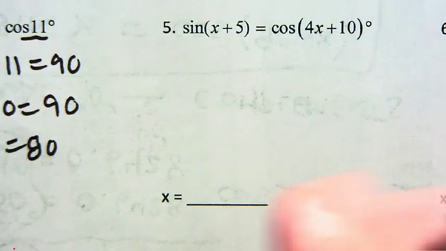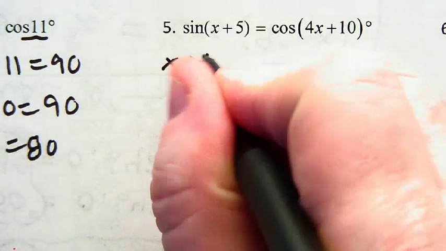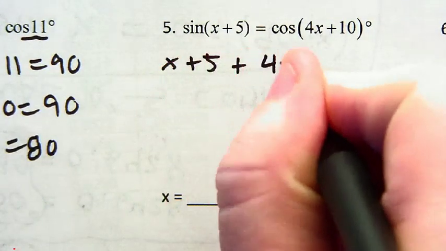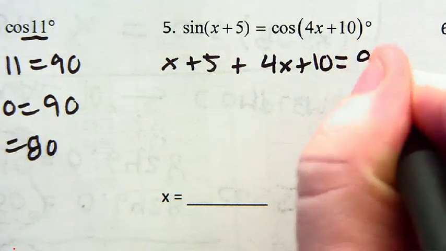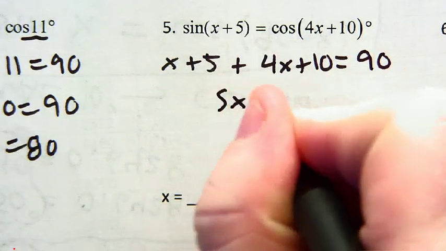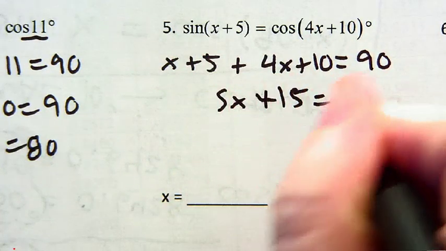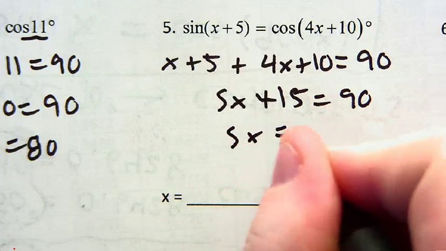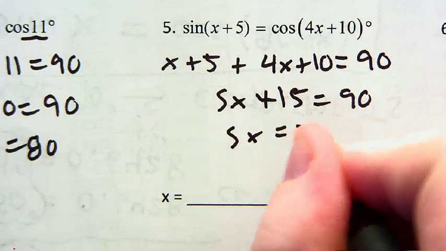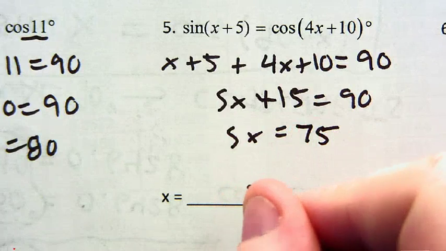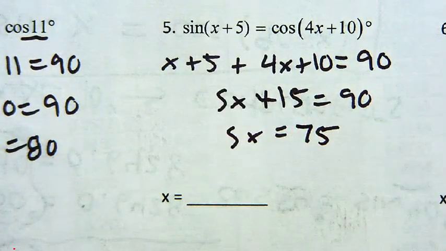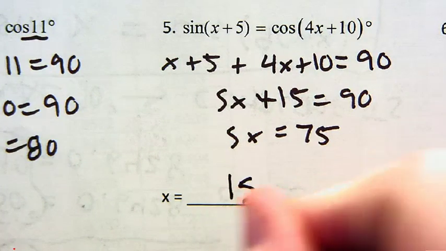One more and then we'll call it quits. x plus 5 plus 4x plus 10 equals 90. 5x plus 15 equals 90. 5x equals 75. And so we get 5 times our value of 15, and we get our value. All right.